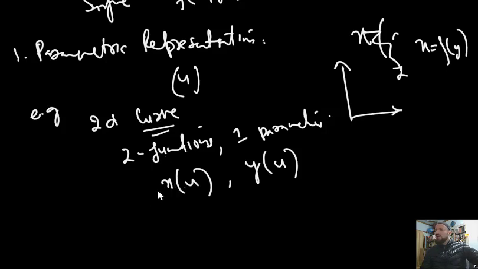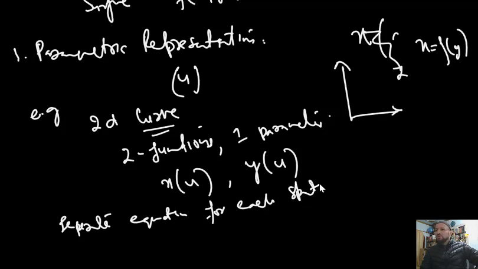So we will have a separate equation for each spatial variable. In the curve we have only two, x and y, but if it is a surface, then we have x, y and z.